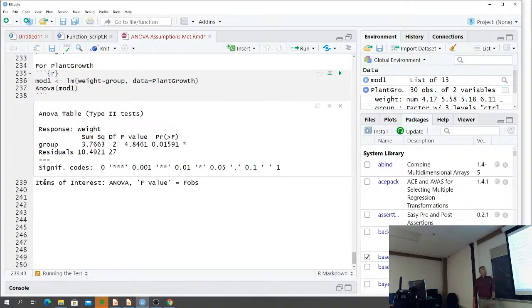The F value column is our F observed, just like our t observed. We're going to report that. df is both degrees of freedom. And then Pr(>F) is our p-value.